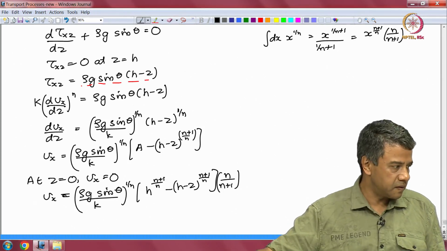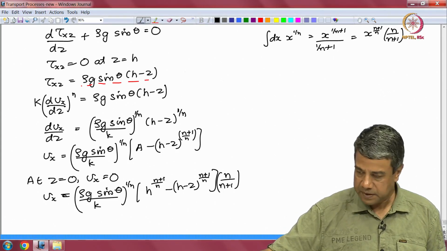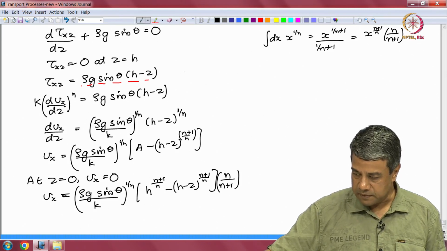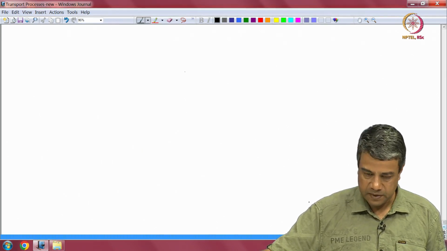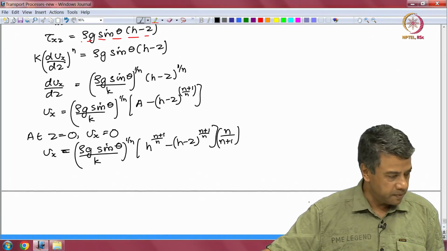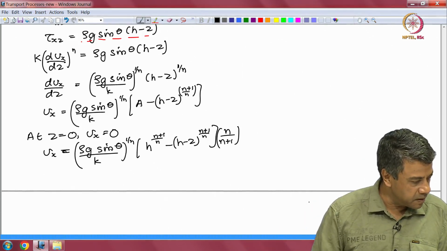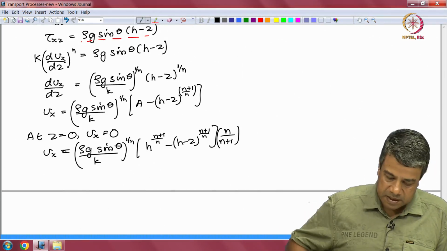So, I should add this factor of n by n plus 1 here. So, that is the velocity profile. It has h power (n plus 1) by n minus (h minus z) power (n plus 1) by n.